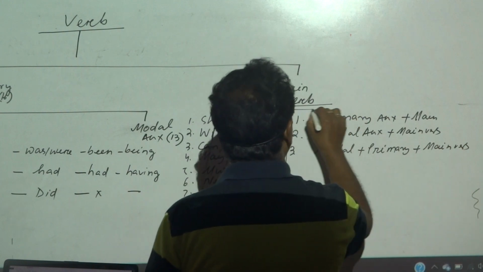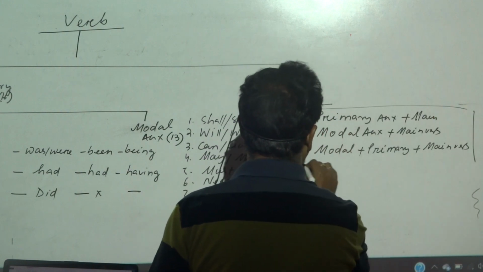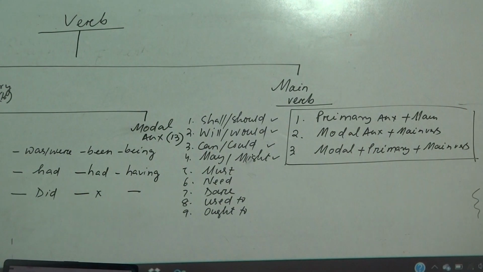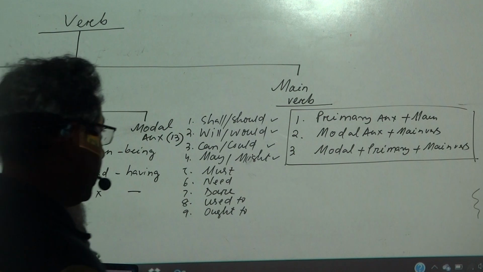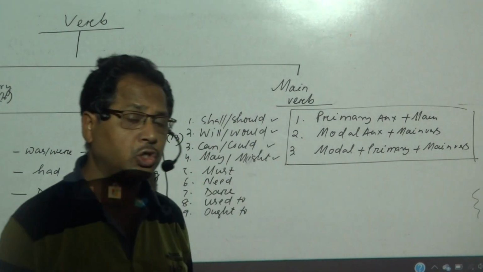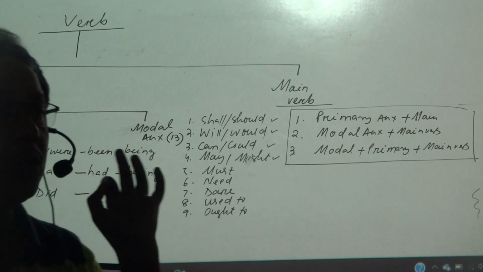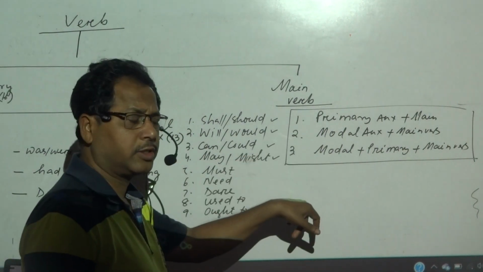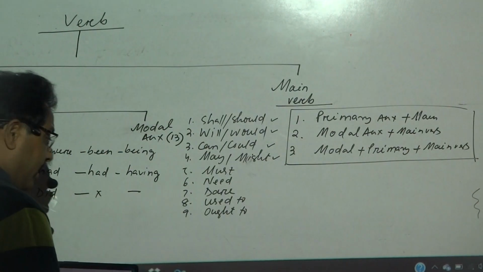Total three structures. Primary auxiliary plus main verb, modal auxiliary plus main verb, and the third one also comes, modal plus primary plus main verb. On these three structures total English structures are based. These three things let me describe in detail.